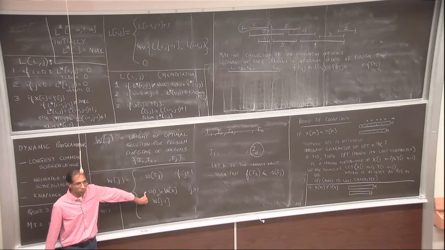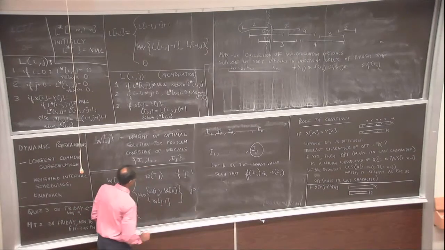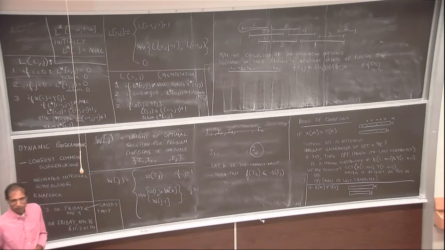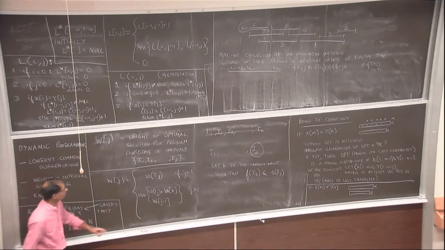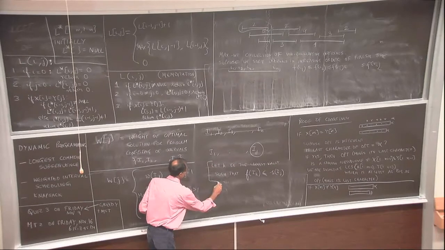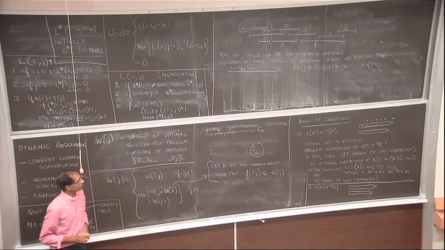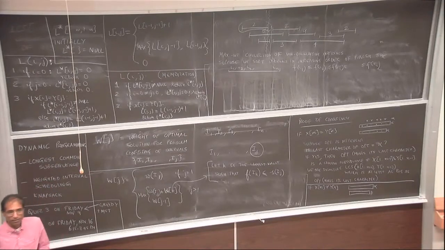I do not know which of these two possibilities is the right one, but I simply can take the max of the two. Remember, k is the largest value such that f of Ik is less than or equal to S of Ij.